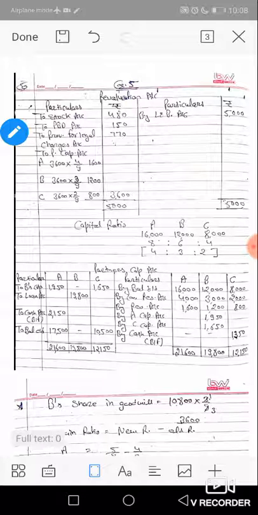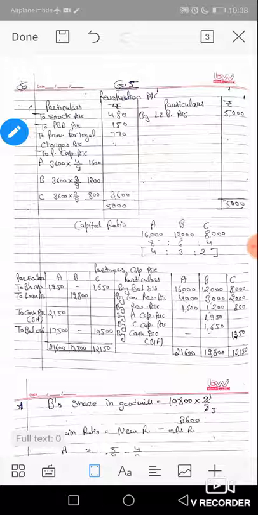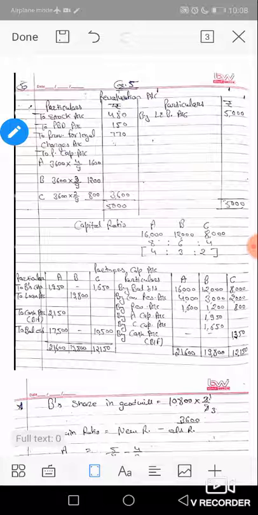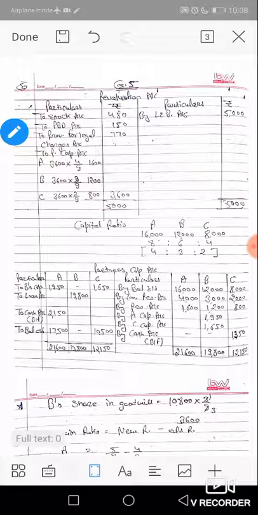Pass entries to give effect to the above adjustments and prepare the balance sheet of A and C, transferring the amount due to B into a separate loan account in his name.